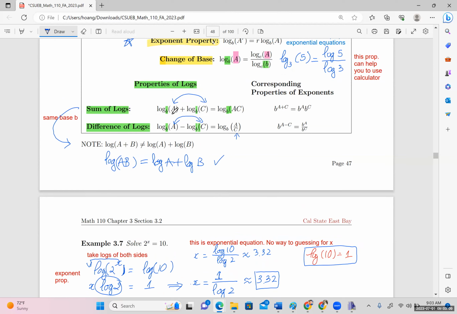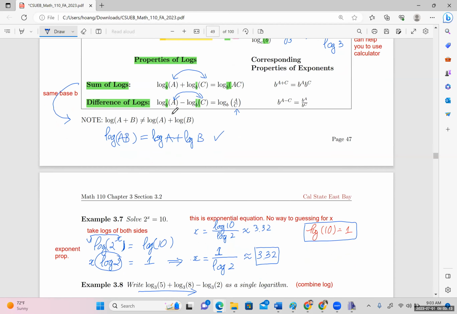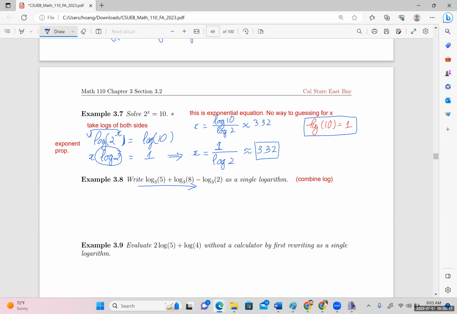And you see that log of A plus log of C will be log of A times C. So I would like to go ahead and say this is going to be log base 3 of 5 times 8.